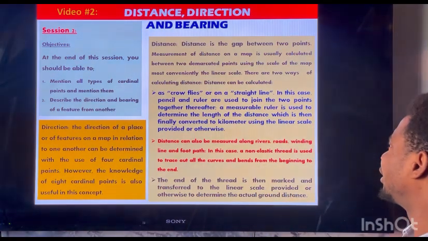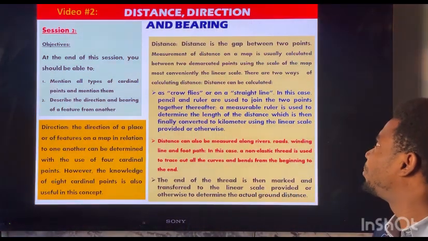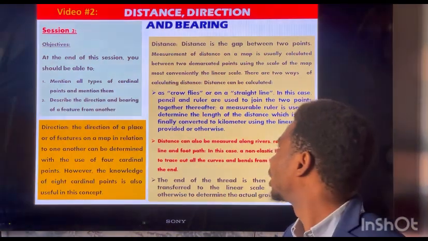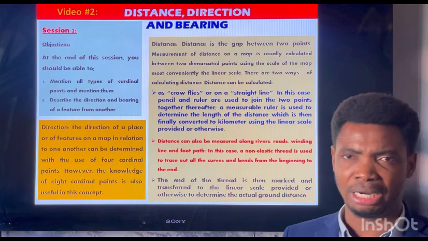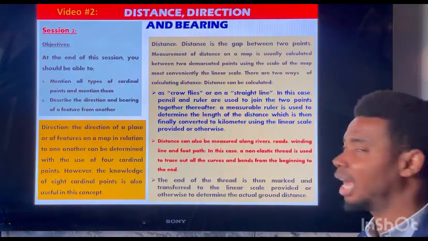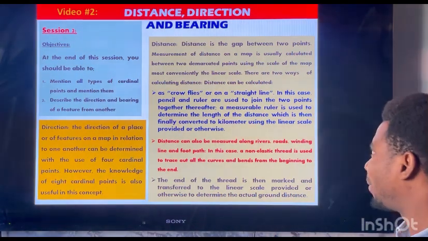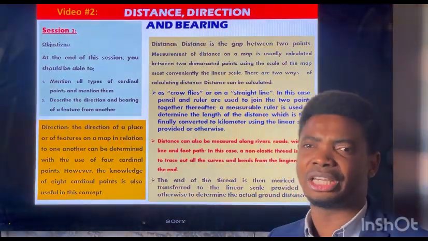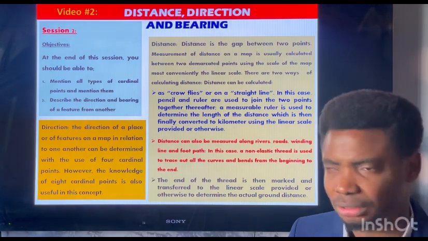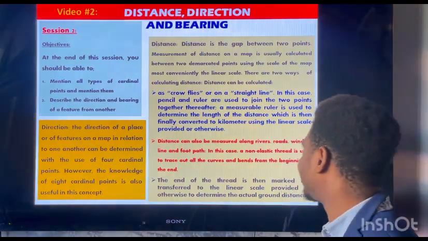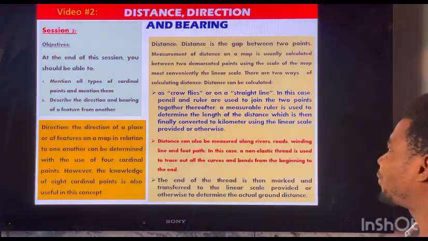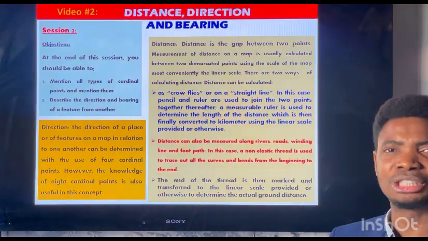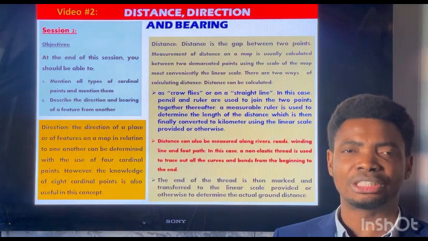What is distance? Distance is the gap between 2 points on a map. So measurement of a distance on the map can be done in two basic ways. Number 1 is as the crow flies, then number 2 along a curved path. When we say as the crow flies, it means along a straight line.